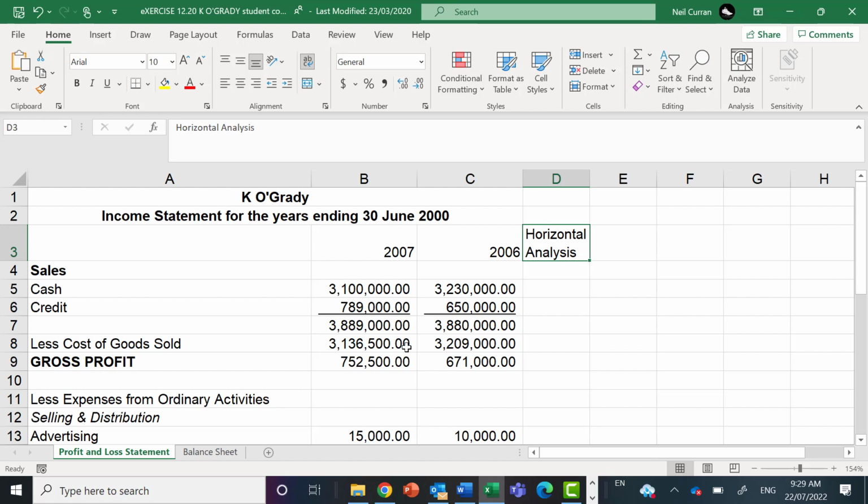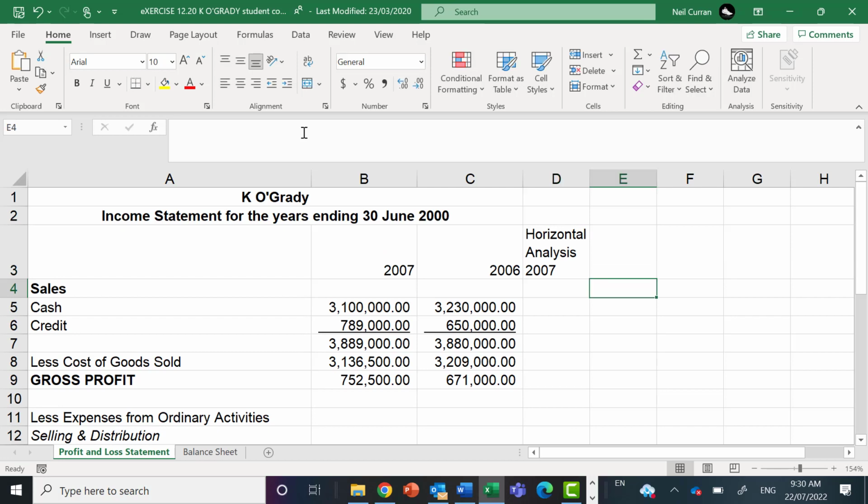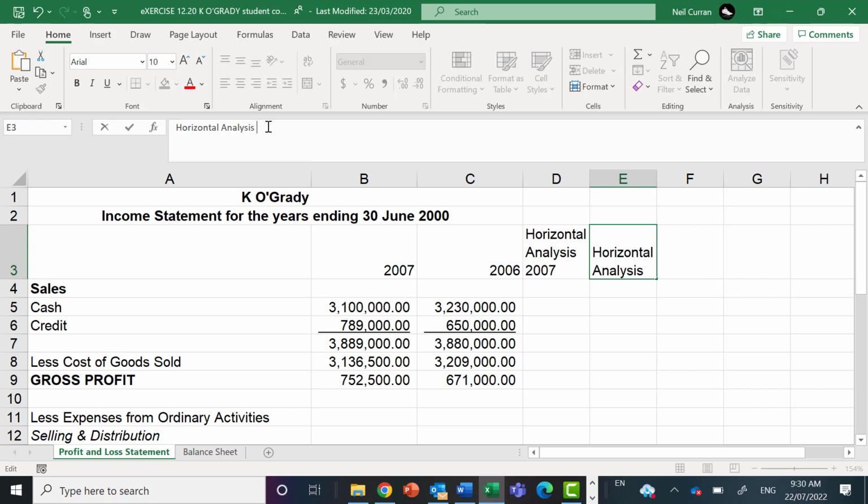So we need to do this for a number of years, and in your extended response you'll be doing it for 2 years. So we're going to do horizontal analysis for 2007 and horizontal analysis for 2006. Now you'll need to quote these figures in your assignment as part of your trends and analysis.